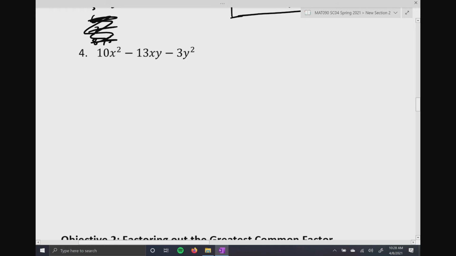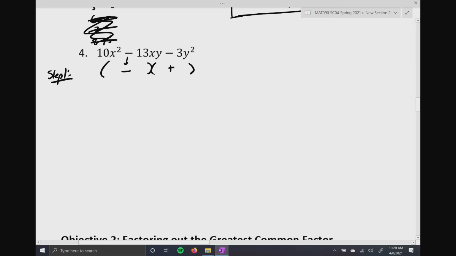Step 1. There's no GCF, so I'm not going to worry about it. Step 2. I'm going to get an idea. I always copy down the first sign. The second sign has to be positive.